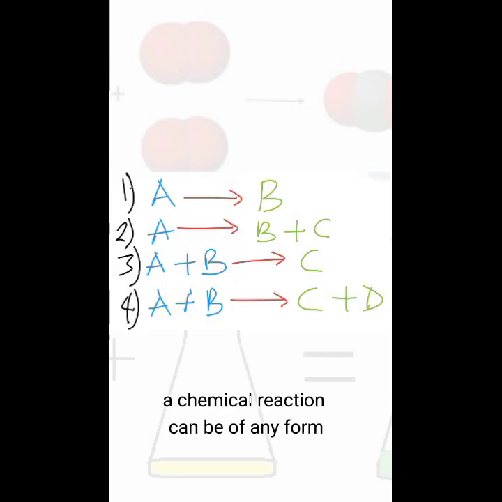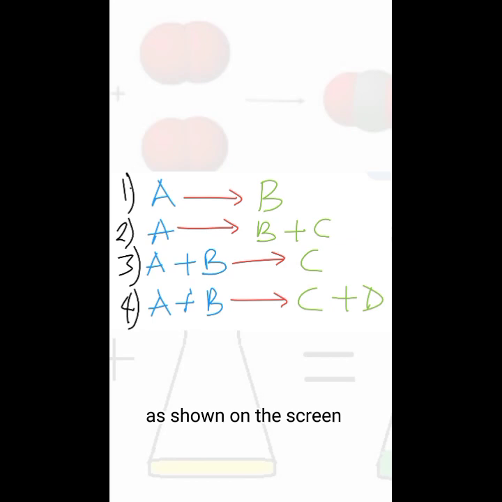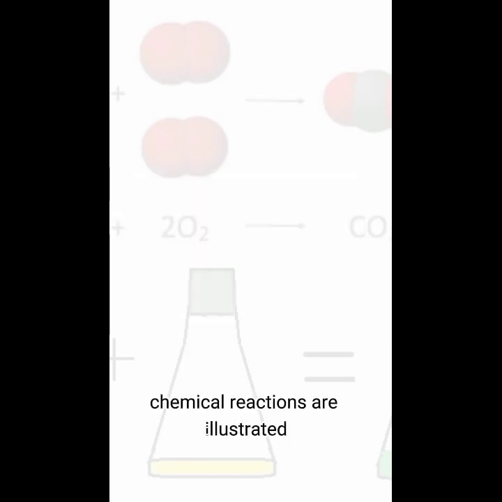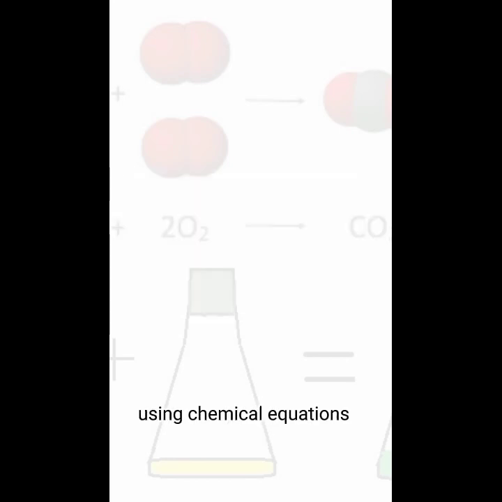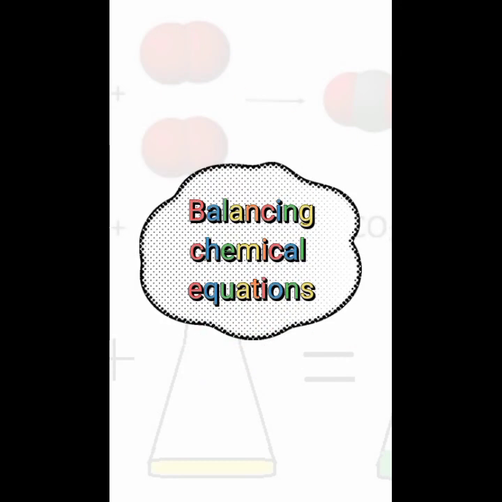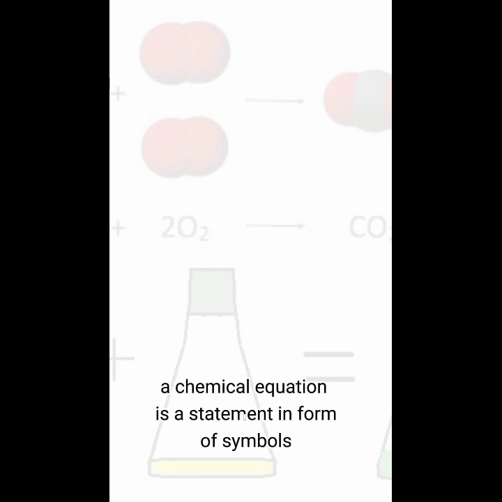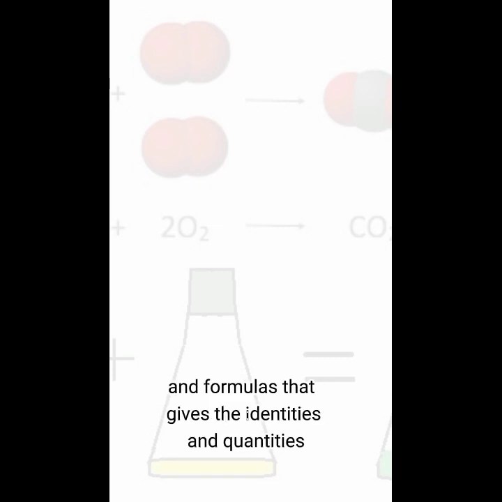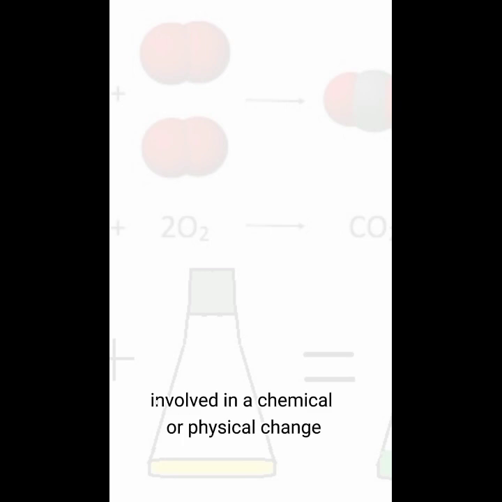A chemical reaction can be of any form as shown on the screen. Chemical reactions are illustrated using chemical equations. A chemical equation is a statement in form of symbols and formulas that gives the identities and quantities of all the species involved in a chemical or physical change.